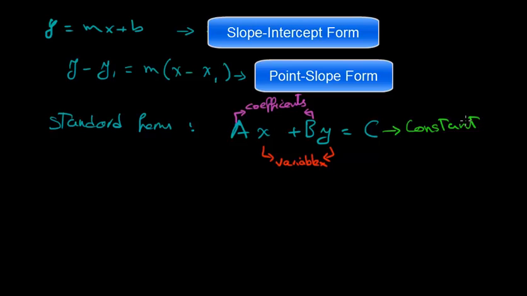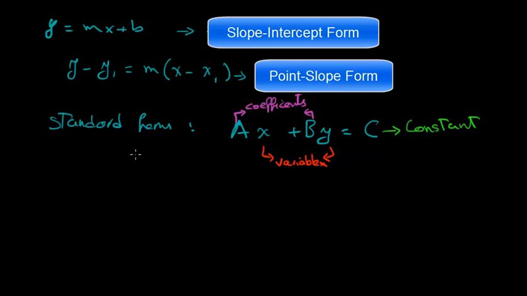Standard form is not that common; the other two are more common. To write an equation in this form, we need to put our variables x and y on one side of the equal sign and the constant on the other side.